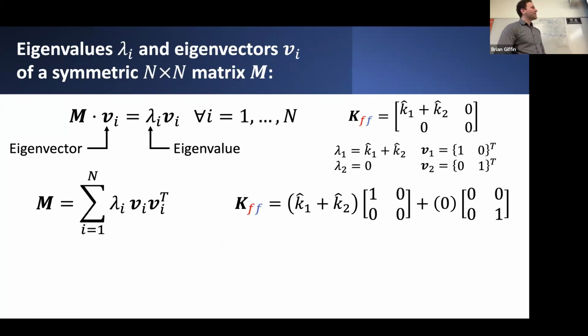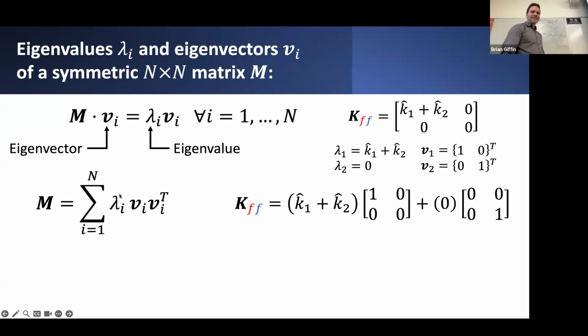Now, what's interesting about representing all these eigenvectors and eigenvalues in relation to a particular matrix is that it's actually possible to represent this matrix in terms of its eigenvalues and eigenvectors.